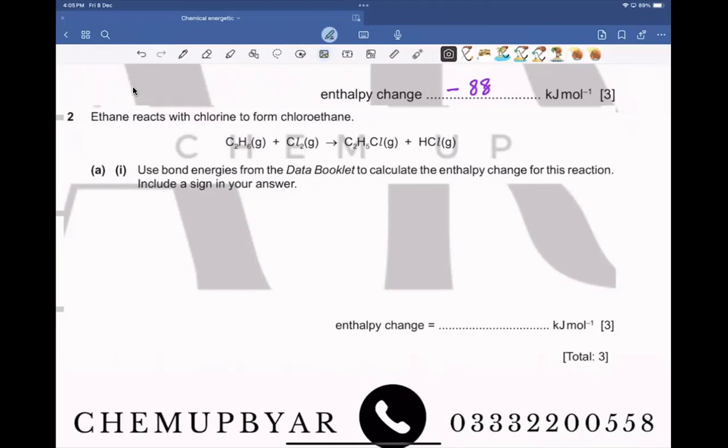Amna, if you see, it's C2H5Cl, right? Yes, sir. So where is that carbon chlorine bond in the product? You missed that. Oh, okay, sir.